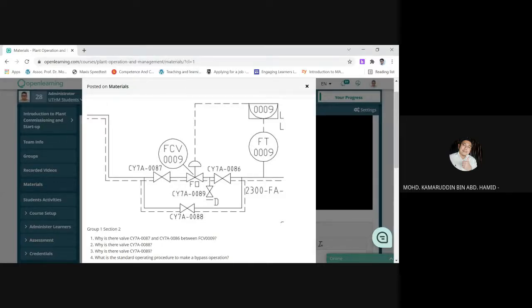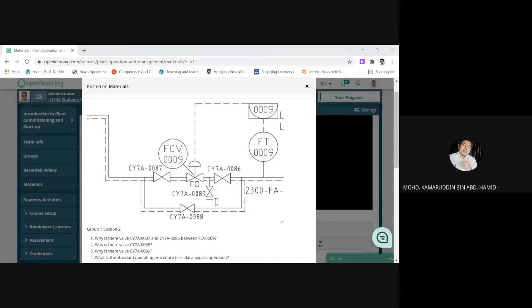Okay, why do you need to have that kind of structure, that kind of configuration? You cannot see this in the PFD. Of course, you cannot see this kind of structure dalam PFD, only in your PNID. Okay, that's why this thing is very important for you to understand.